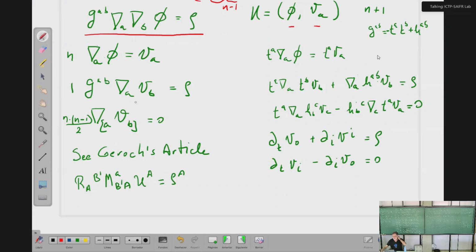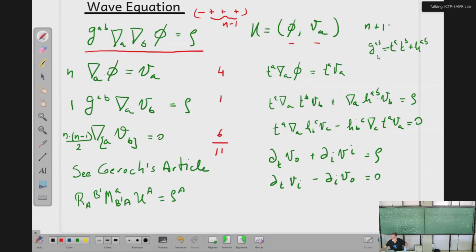So for instance, in 3 dimensions we have 4 equations here, 1 equation here, and here we have 6. Right? So you have a total of 11 equations, and you have a total of 5 unknowns. Okay?